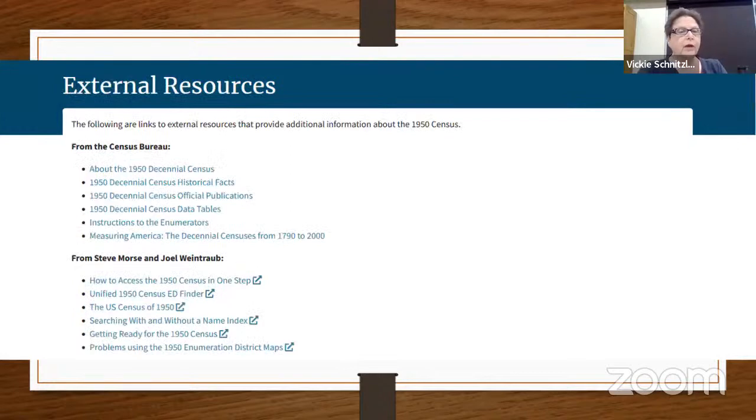Okay. In that resource area, there were also some external resources. They looked at some of the information that they gathered and started compiling different things. The historical facts is really cool. It talks about different things that were happening during 1950.